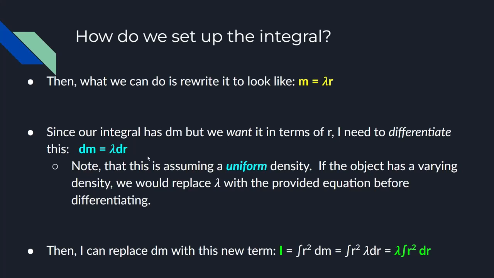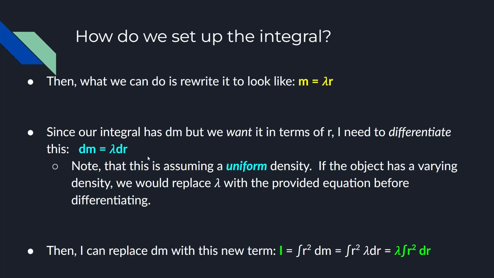Now, I do want to note one thing: this is right now assuming that the linear mass density is constant. It's uniform, meaning that the mass is uniformly distributed across the object, like a ruler. We're not talking about a baseball bat.